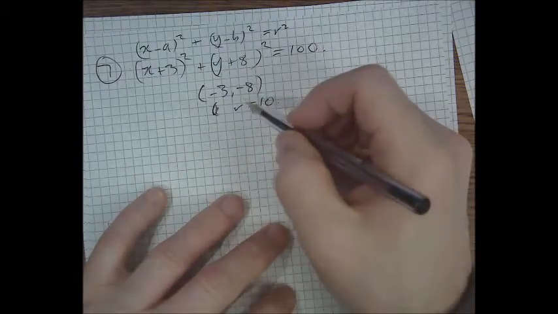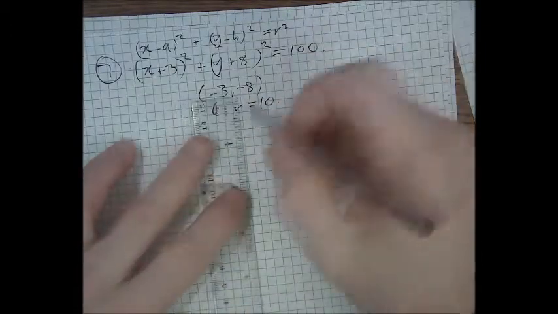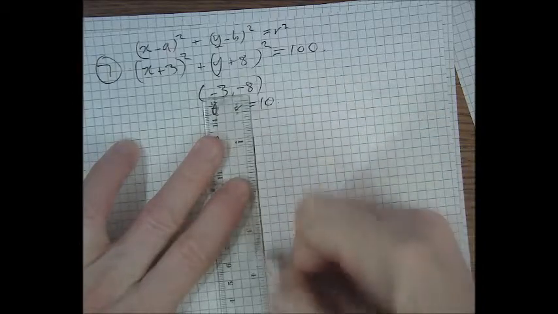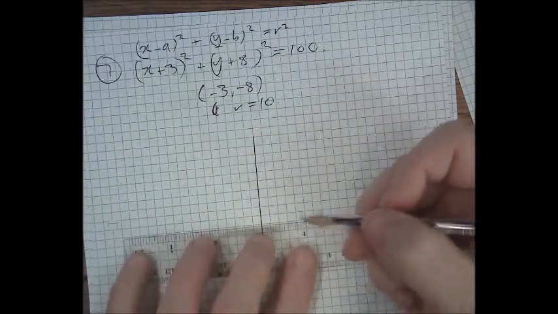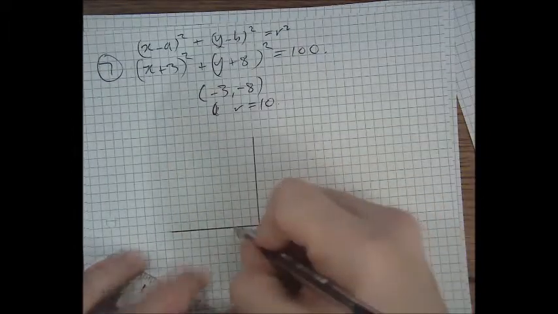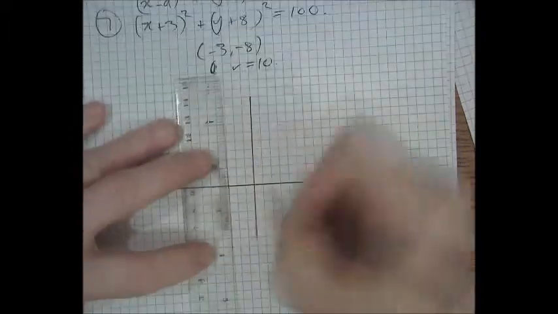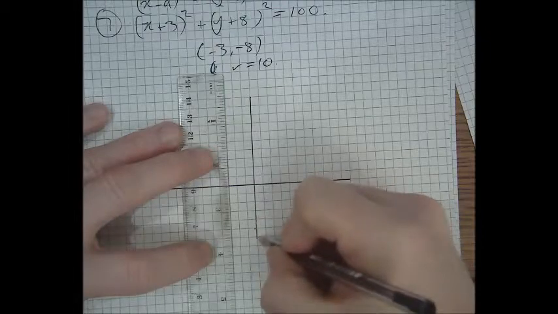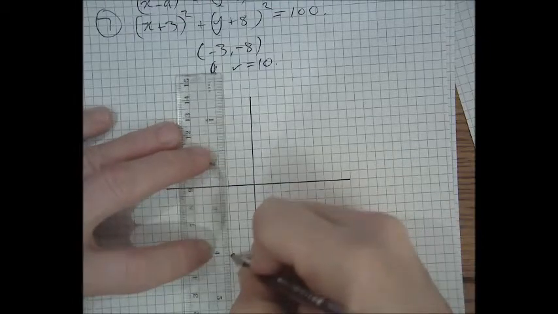That certainly enables me quickly to draw a diagram. That's how you graph circles, is by nailing the center and the radius. So -3 to the left, 8 down. That's my center, and the radius is 10.